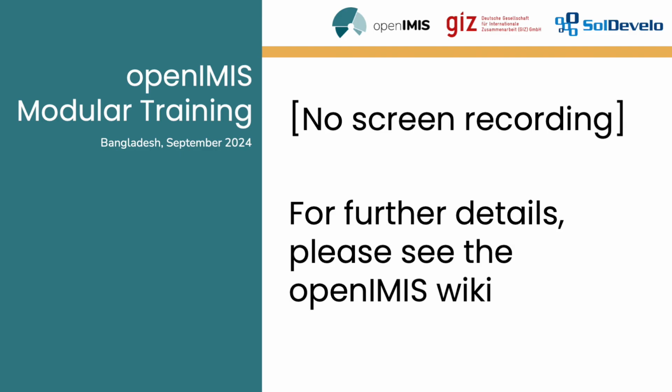So the variables that we are interested in are DB user. Let's see, DB user, IMIS user is the same, so it's fine. DB password is different, so we need to change it.